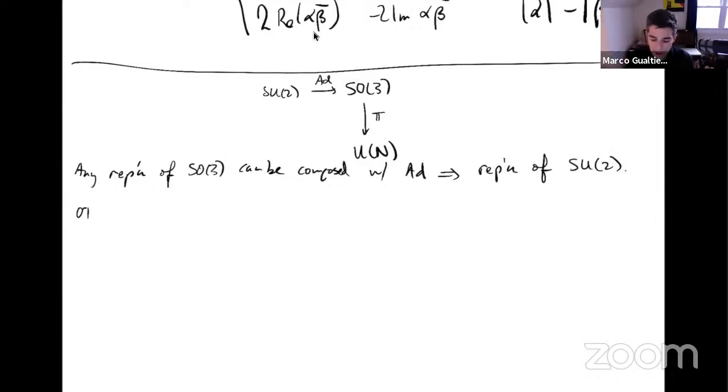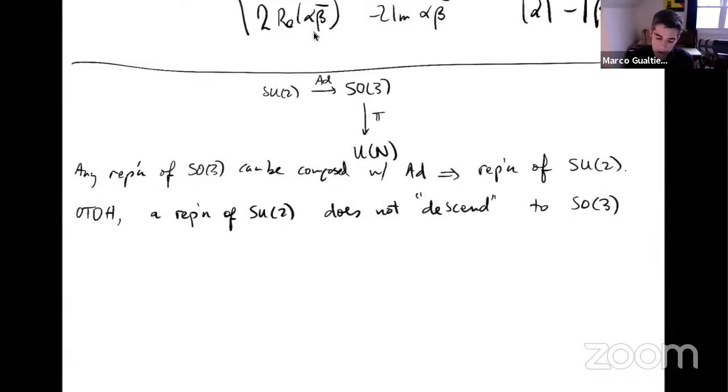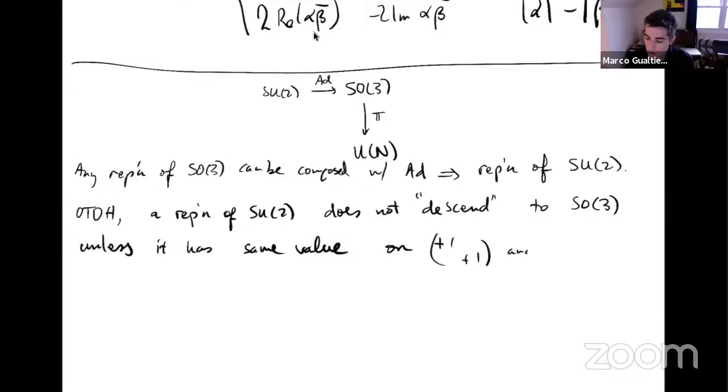On the other hand, a representation of SU2 does not descend to SO3 unless it has the same value on +1 and -1.